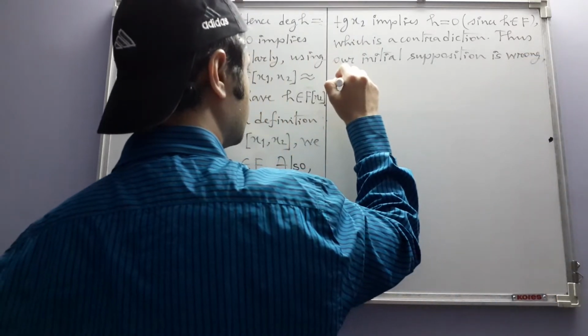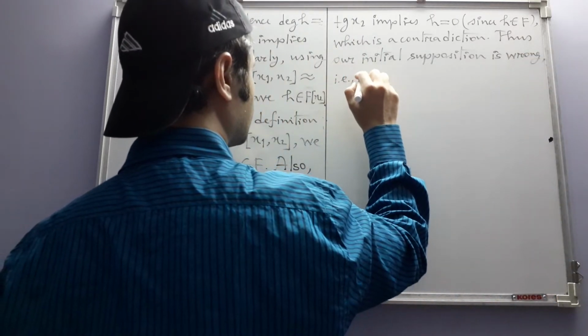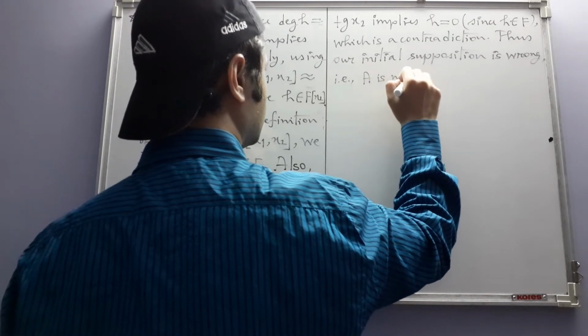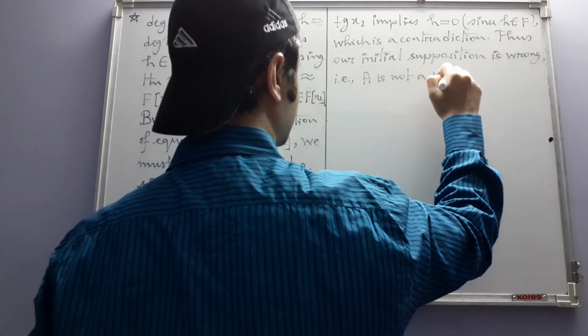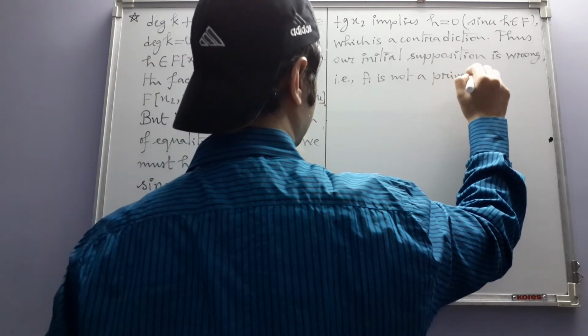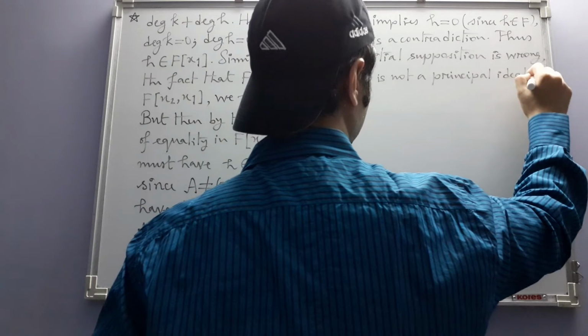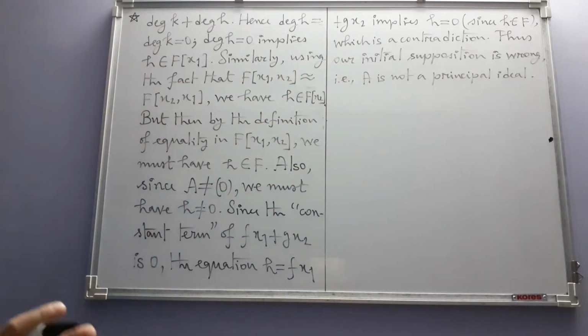That is, A is not a principal ideal. That means A cannot be generated by a single such polynomial h.